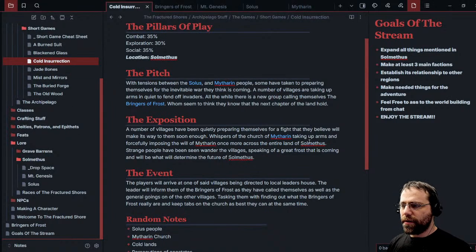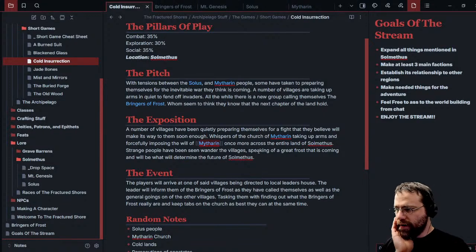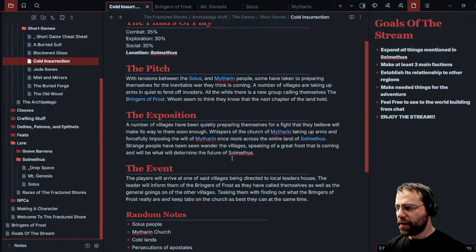The Church of Matharan taking up arms and forcefully imposing the will of Matharan. Matharan once across the land of Solmethus. And of Solmethus. Strange people have been seen wandering the village, just speaking of a great frost that is coming and will determine the future of Solmethus.